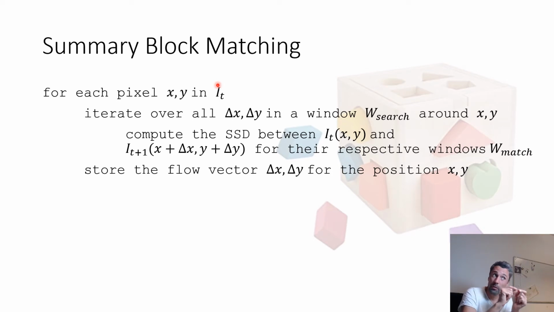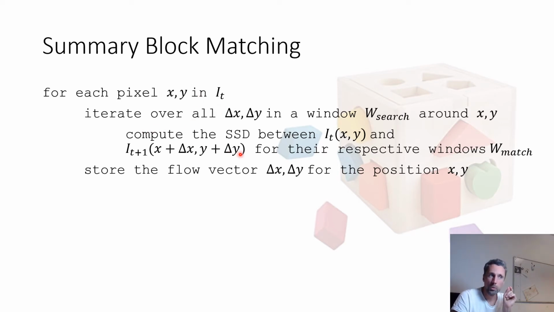We iterate over all allowed image motion vectors, delta x and delta y, and these need to be bound by a so-called search window. Given that one position, we have a window in which we look whether something around that source position can be found here or there or there.